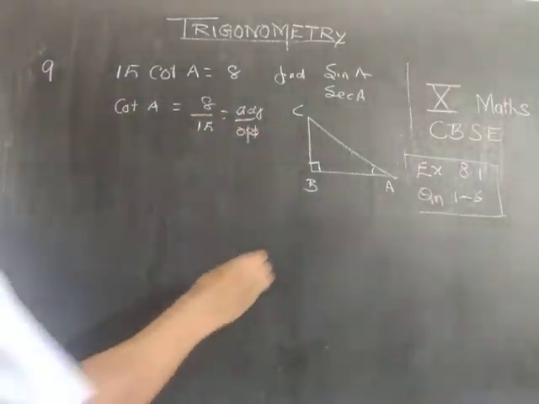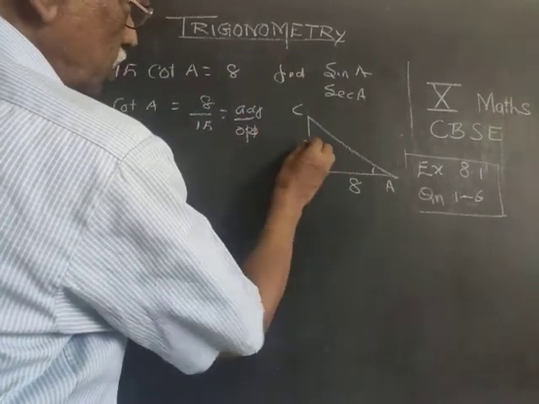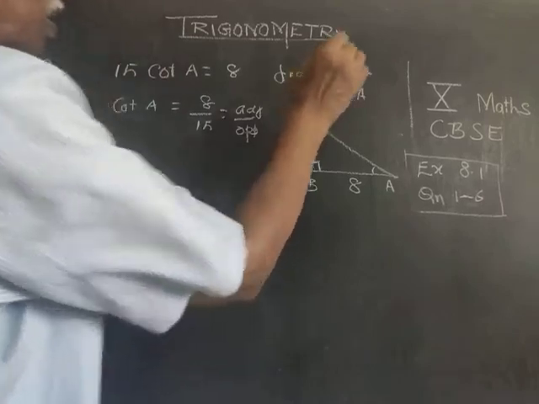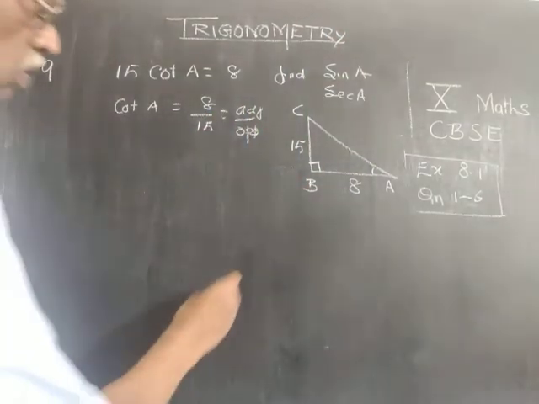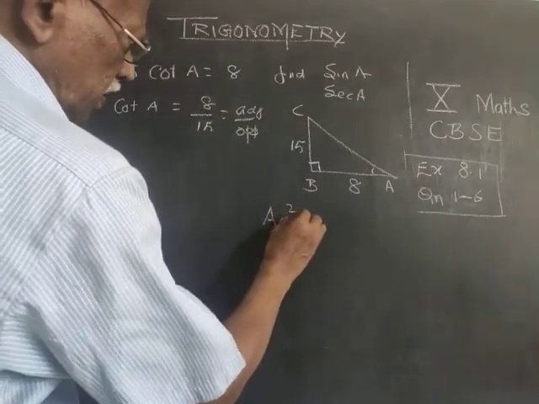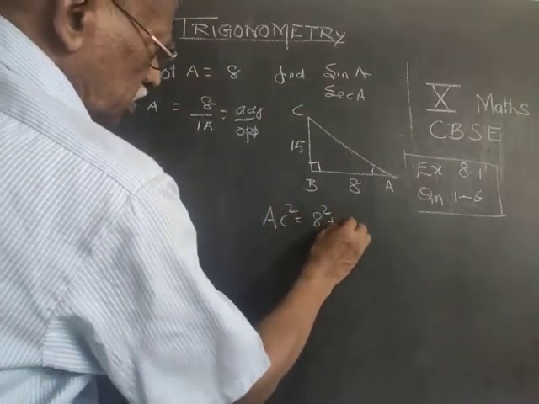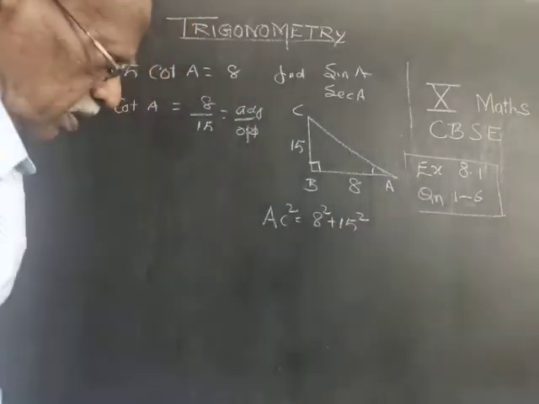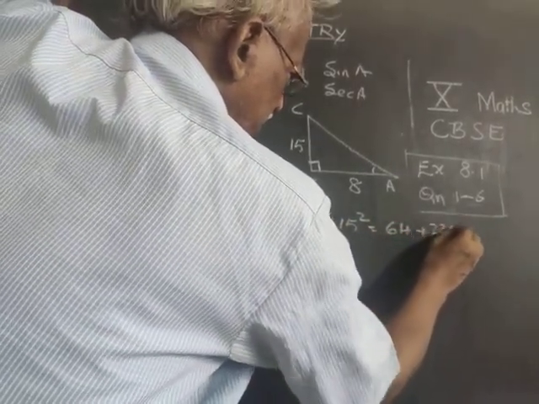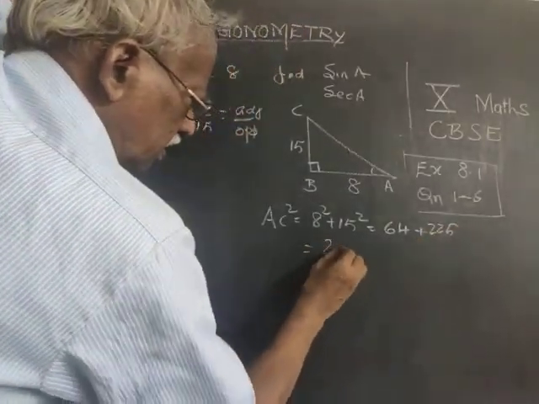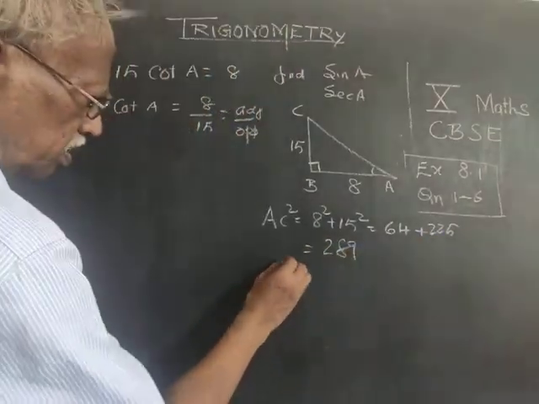So adjacent side is 8. Opposite side is 15. This is what they have given. Now we have to find out AC square. AC square equal to 8 square plus 15 square, that is 64 plus 225, that is 289.